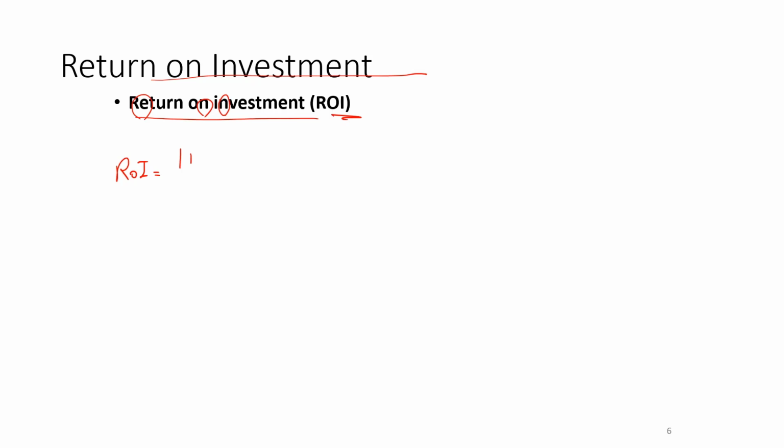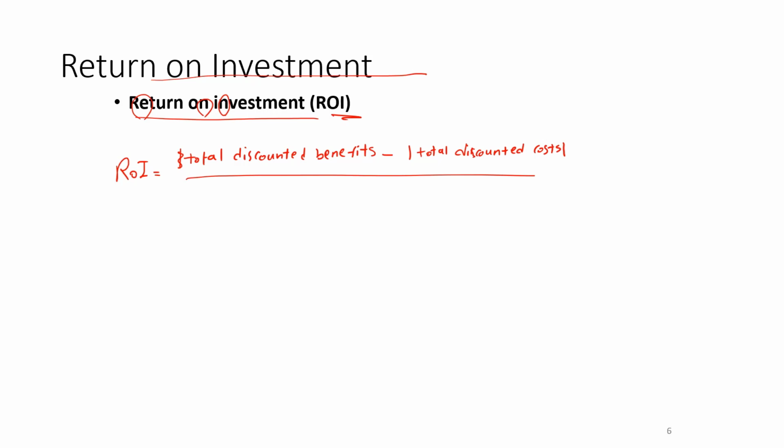So, total discounted benefits, you don't need the absolute for this one, minus absolute of total discounted costs, because discounted costs are negative, we should put absolute, over absolute of total discounted costs, and multiply by 100 to just show it as percentage. So you need to use this formula.